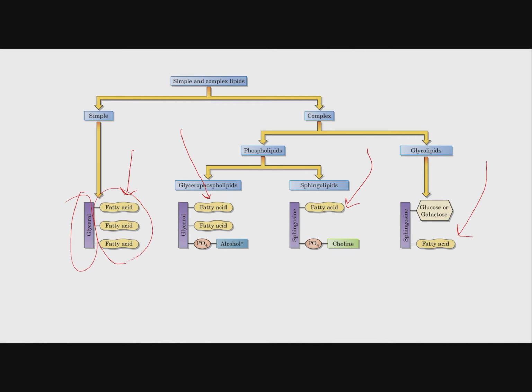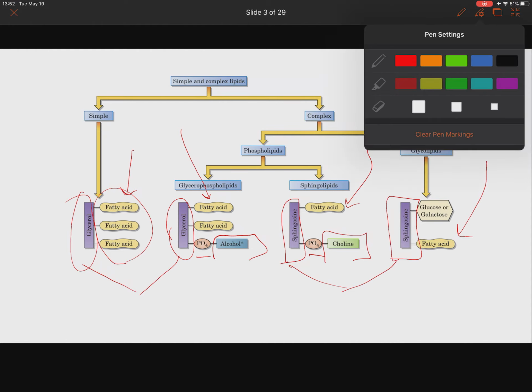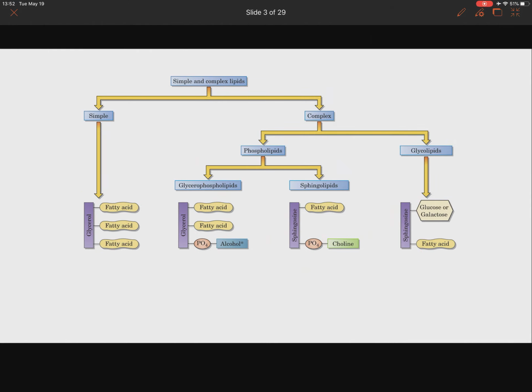If we substitute one of those fatty acids for other things, such as a phosphate, some amino alcohols, or different backbone molecules, in this case sphingosine as opposed to glycerol, these subtle differences and variations give rise to all the different kinds of lipids we are going to talk about. We're not going to go in depth into all of the different functions of these lipids, but we'll see that there is a purpose to some of these differences.